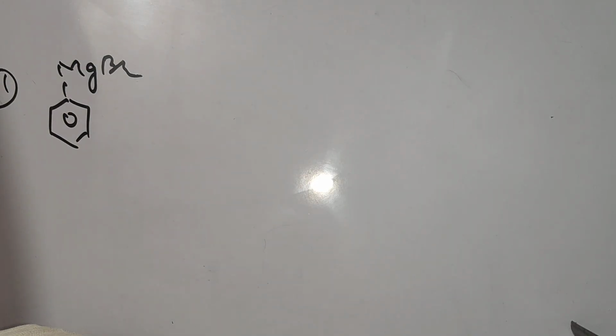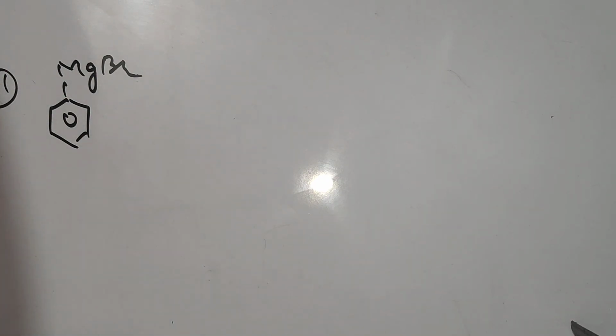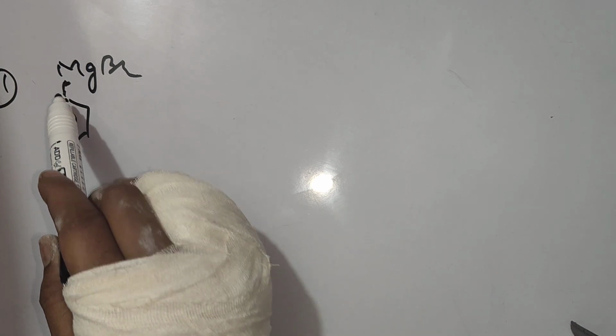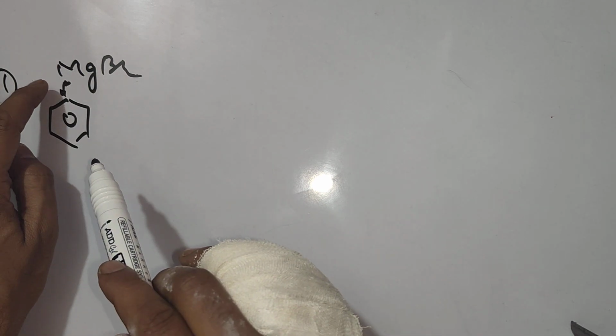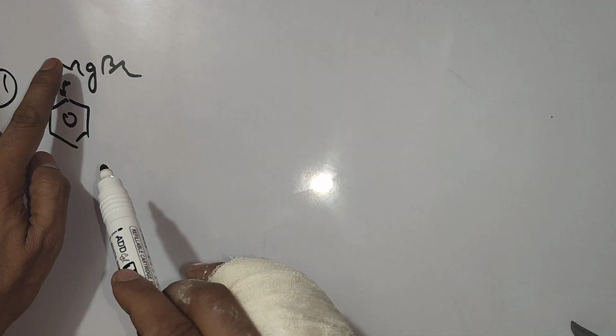Actually, it's nothing but a Grignard reagent, RMgX, where R is the benzene ring here. Already we have discussed in previous videos. Between magnesium and bromide, there is an ionic bond. Between magnesium and carbon, there is a covalent bond. Sharing of electron is there. Carbon is more electronegative, so electrons are more toward the carbon side. So carbon is partially negative and magnesium is positive here.